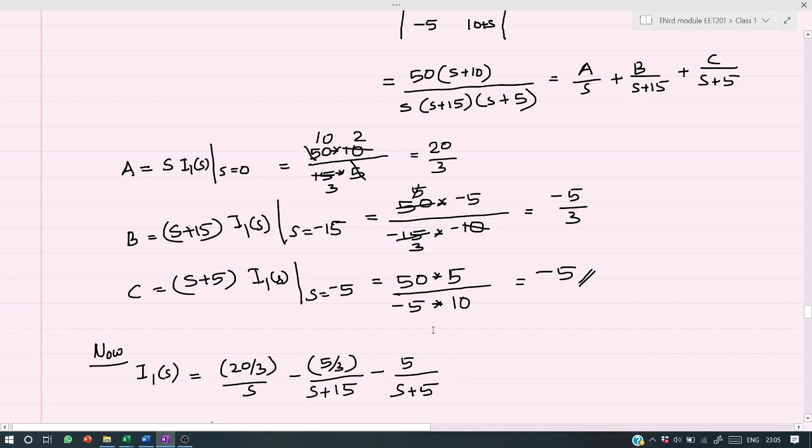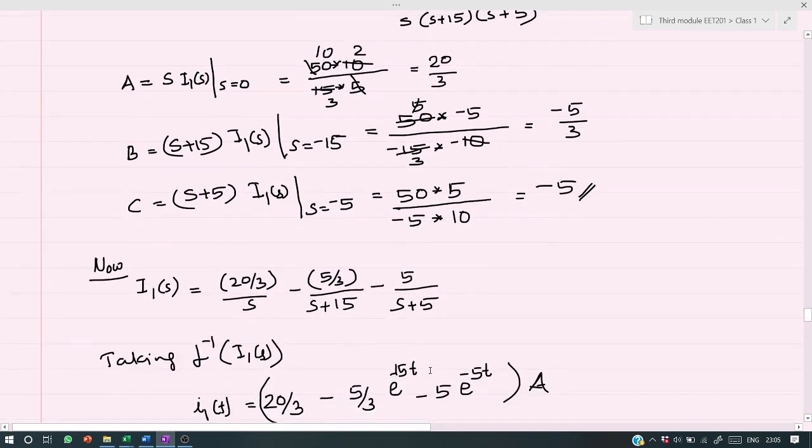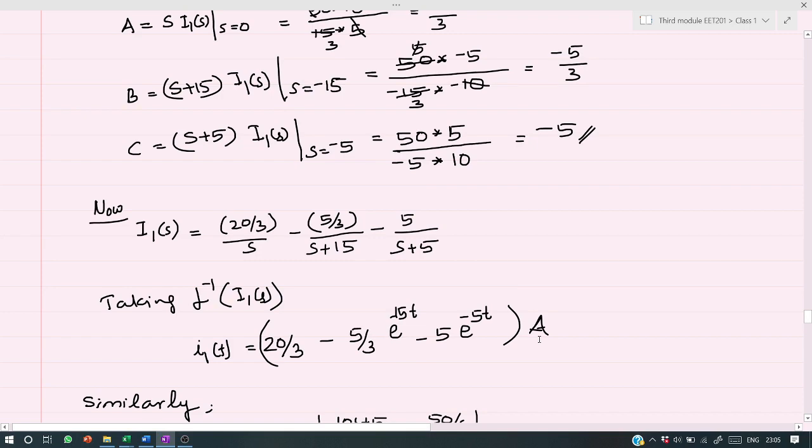Now we can easily take the inverse Laplace transform to find I1 of t. We obtain I1 of t as 20 by 3 minus 5 by 3 into e raised to minus 15t minus 5 into e raised to minus 5t, that much ampere.